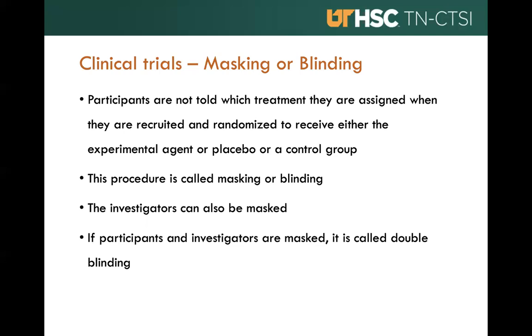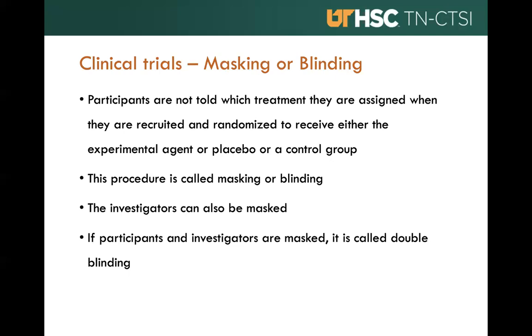But in other situations, like when there is a placebo arm or a control arm that receives another treatment, we can blind or mask the participant. So everybody thinks that they are receiving the treatment under investigation, and the investigators are not informed who is receiving the treatment and who is receiving the placebo or a comparison arm.